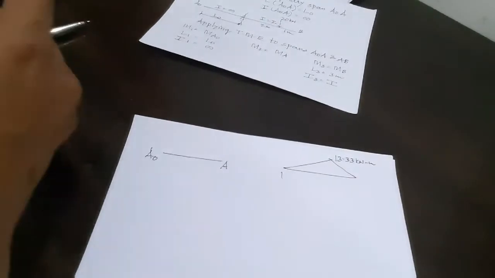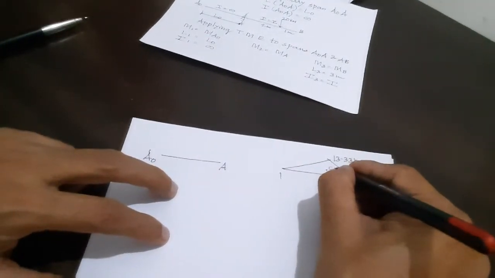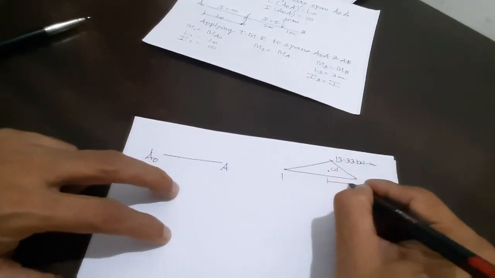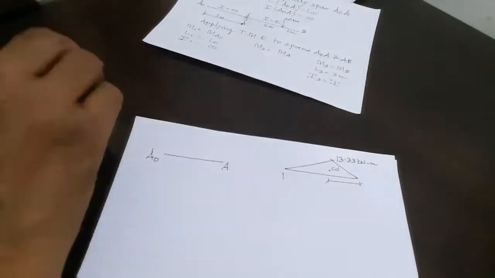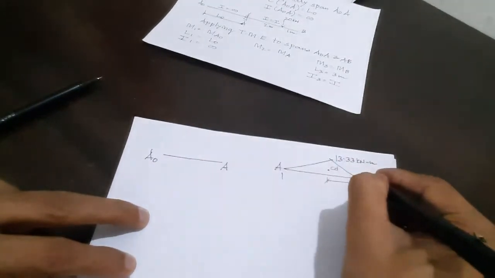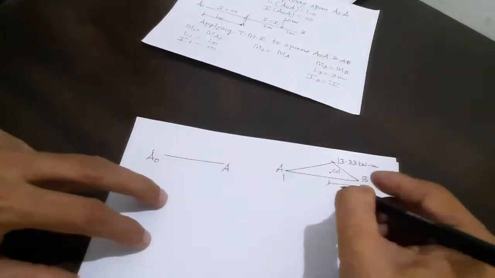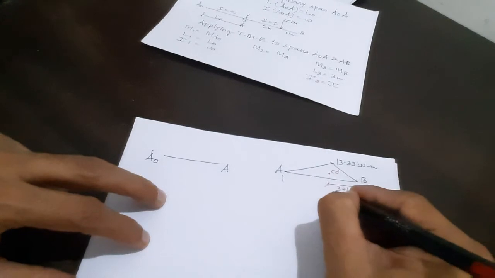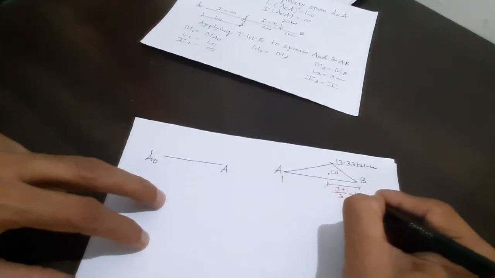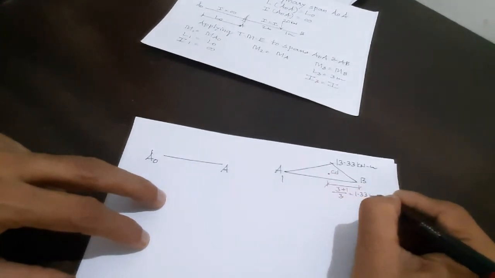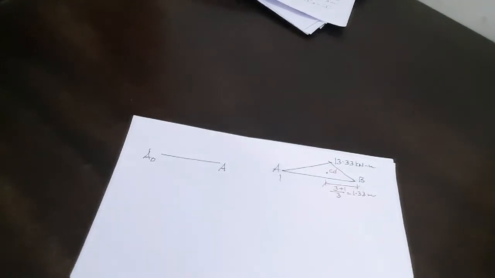What is the distance of the centroid from the right hand support, because AB now is a right hand span? It is 3 plus 1 divided by 3, that is equal to 1.33 meters.